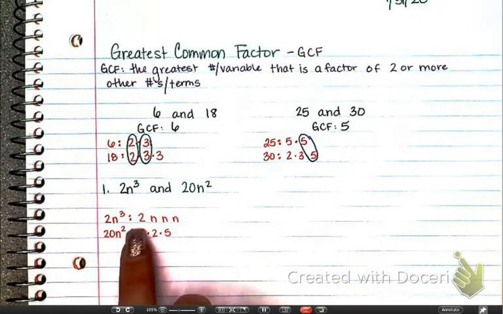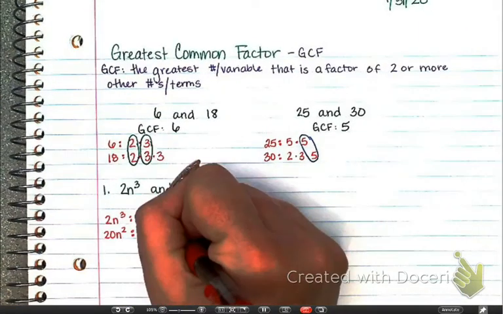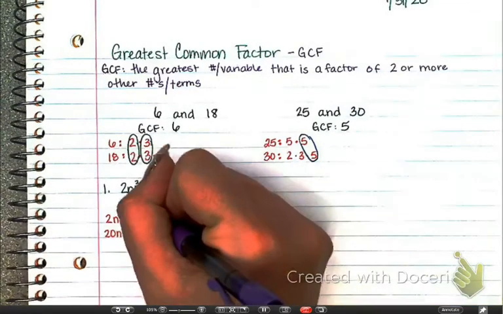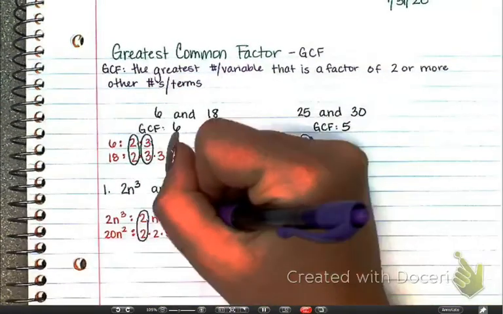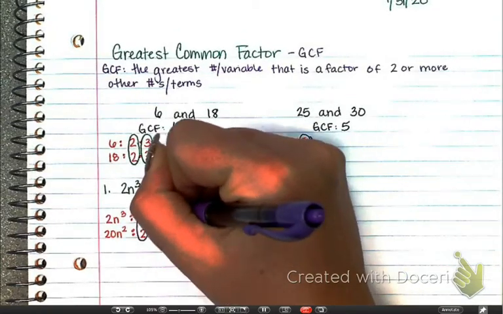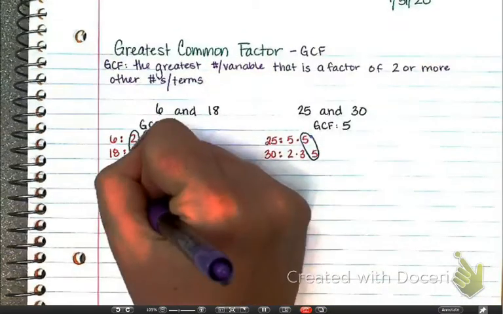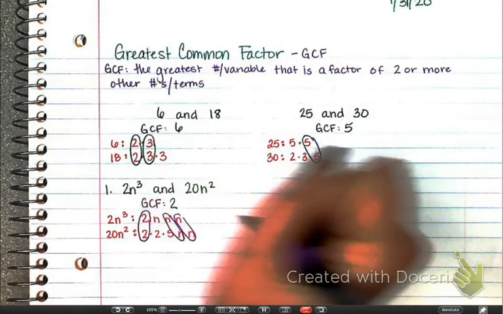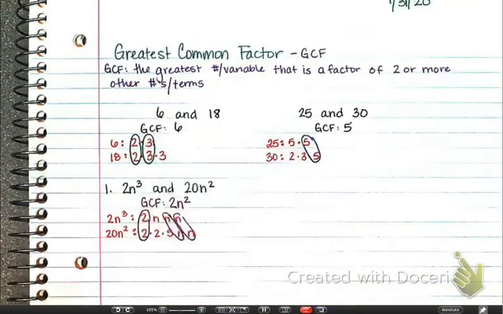And how many n's do I have there? 2. Everyone with me? Okay, what do we have in common? We have a 2 and 2 n's. So my greatest common factor is 2n squared.